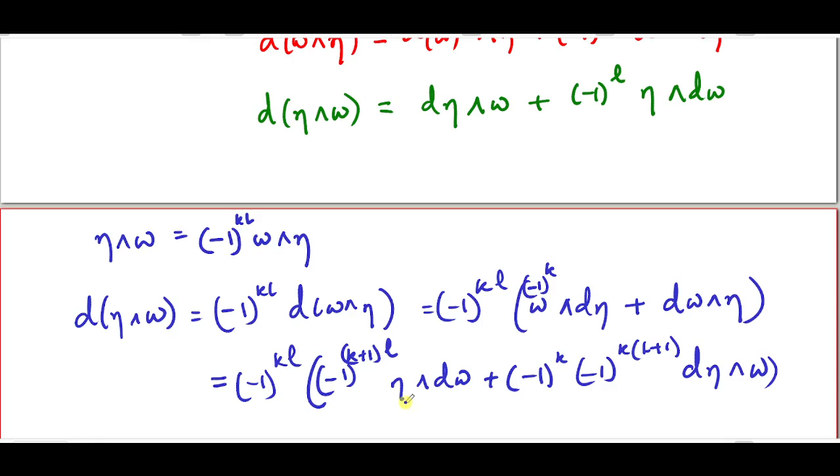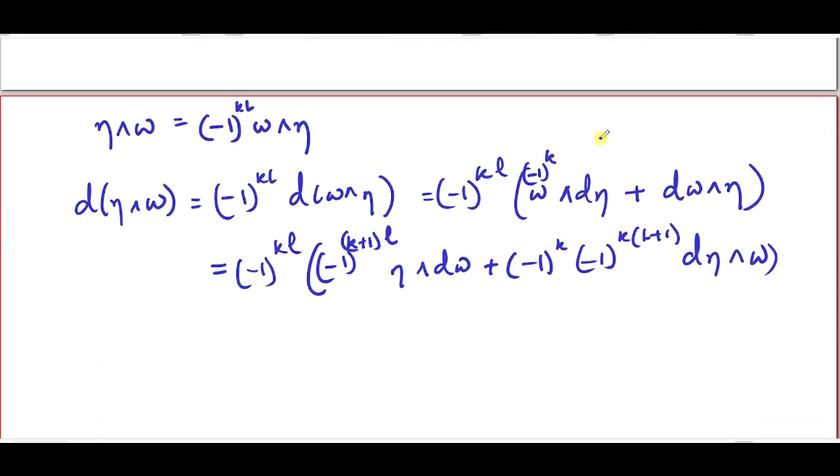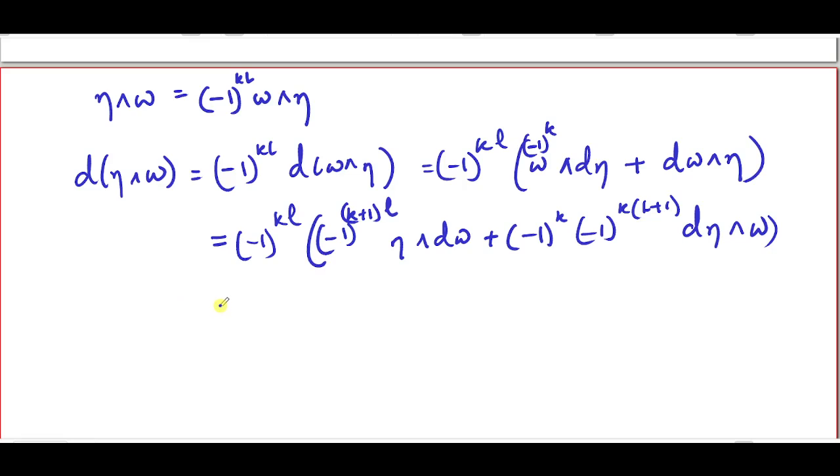So now the wedge products are exactly in the form that we want. All you have to do is pay attention to the factors in front. So here, when you compare these two, you get minus 1 to the k plus kl plus k plus kl from here. It's easy to see that it's minus 1 raised to an even power. So this is just eta wedge omega, as it should be.